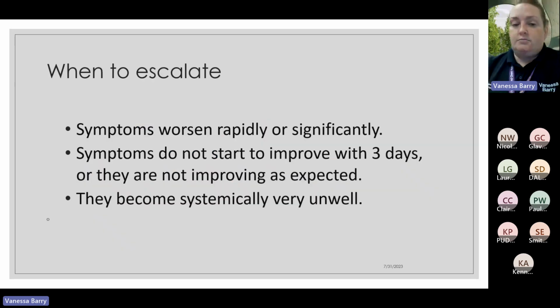So when to escalate? If somebody's out in the community and their symptoms worsen rapidly or significantly, or they don't start to improve within 3 days, or they're not improving as you'd expect them to, or all of a sudden become quite systemically unwell, so they lose hemodynamic control, they could become tachycardic, hypovolemic.